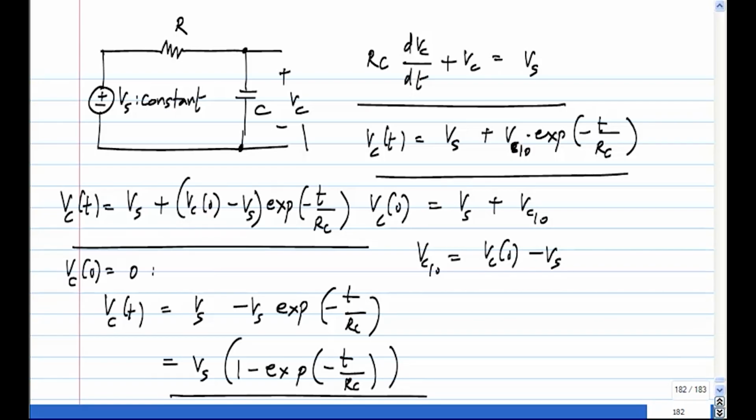I think you would have seen this solution in RL or RC circuits. But in general, if you start from a different initial condition, you will get this other solution.